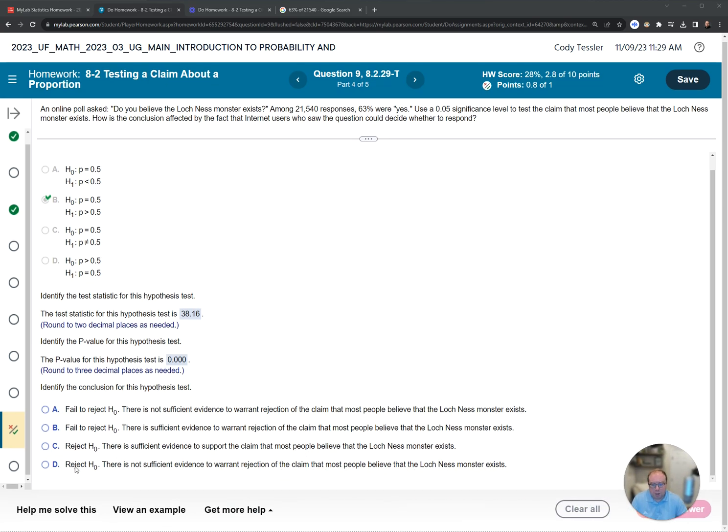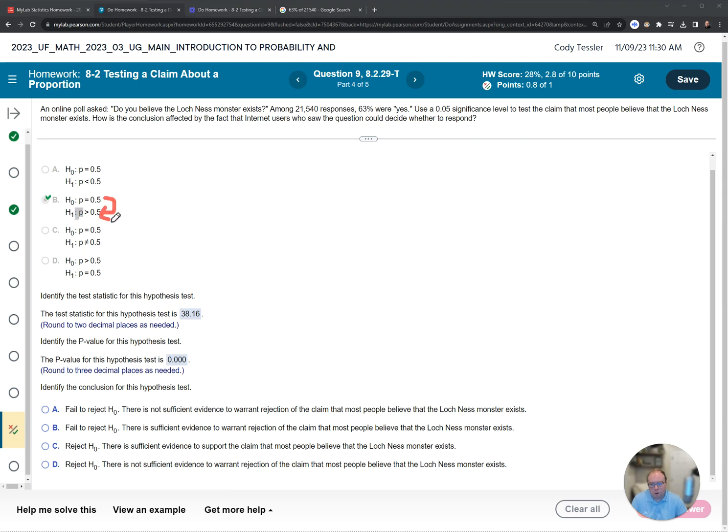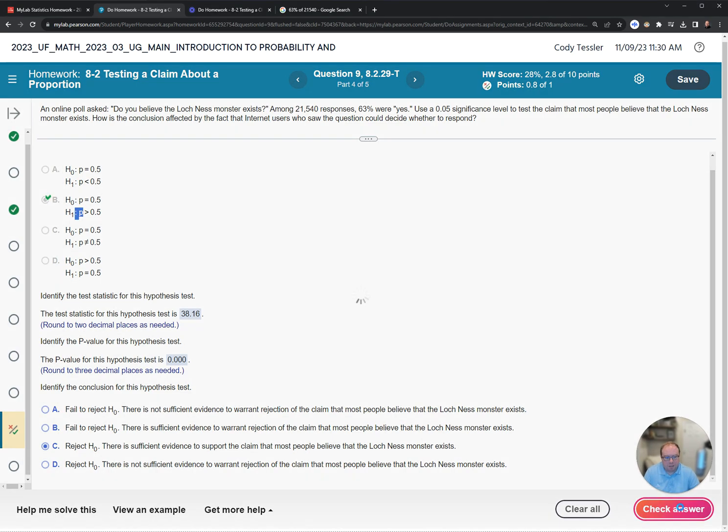So reject the null, so either C or D. And as I just mentioned, this is good for our claim. Because our claim is in the alternative, so we reject the null, we go down to our alternative. So there is sufficient evidence to support our claim. So let's check the answer.